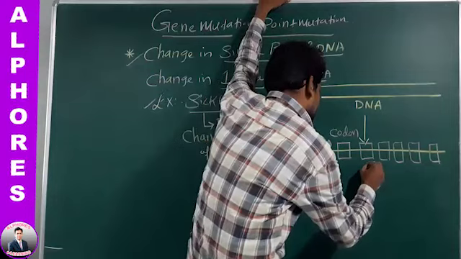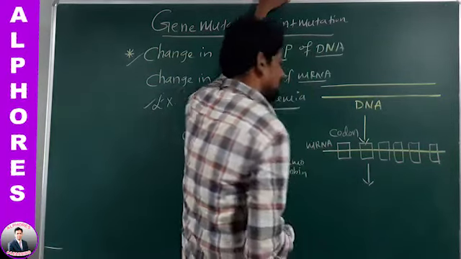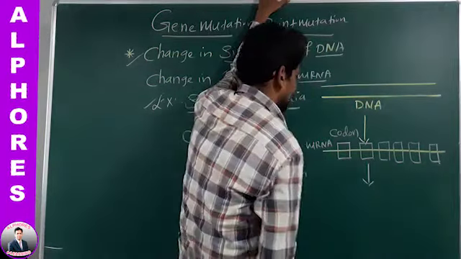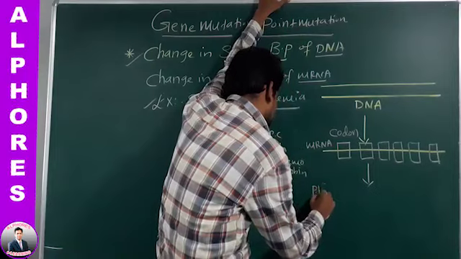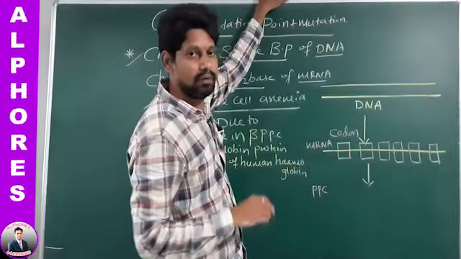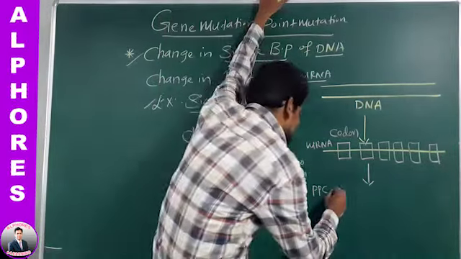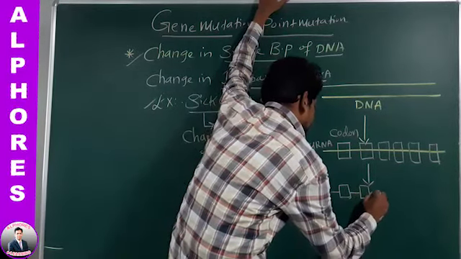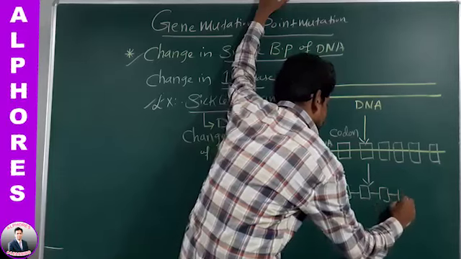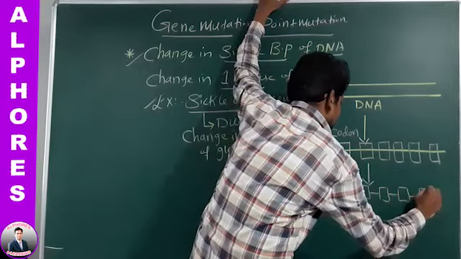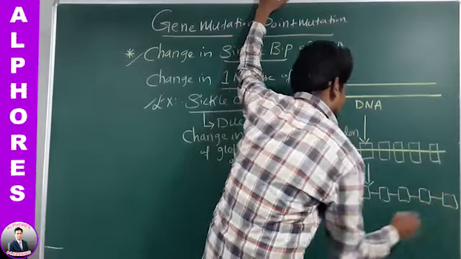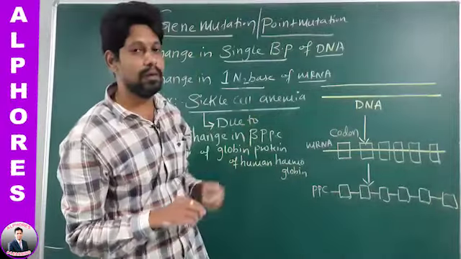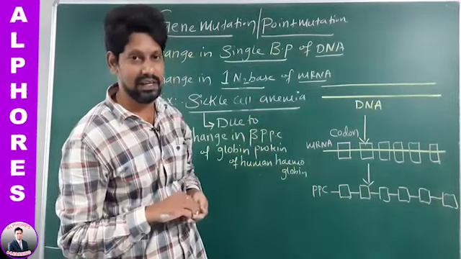From this mRNA, we are going to get a polypeptide chain. This polypeptide chain is made up of amino acids.